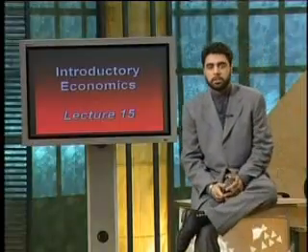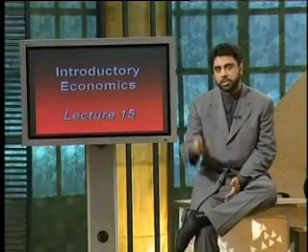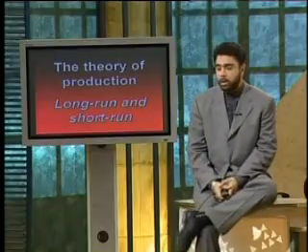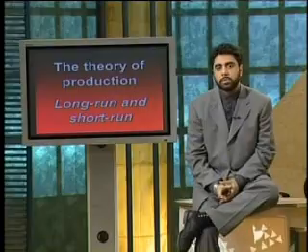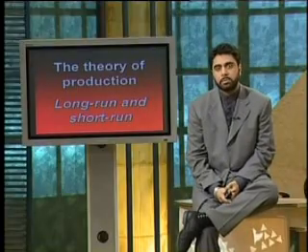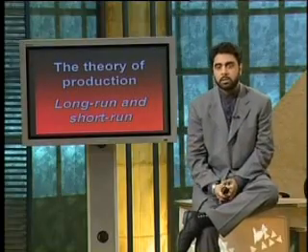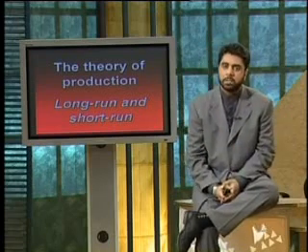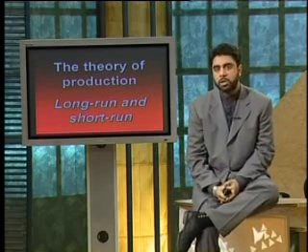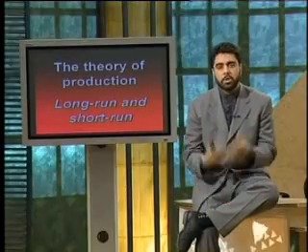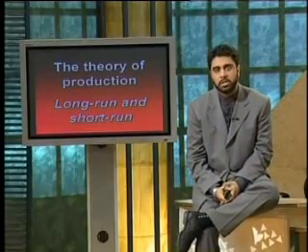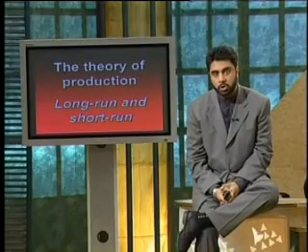Now, in our discussion of production and the theory of production, we defined the long run and short run respectively as situations in which the firm could change all the factors, that was the long run, and a situation in which the firm could not change at least one factor. Now, we introduced the law of diminishing marginal returns in the context of the short run.